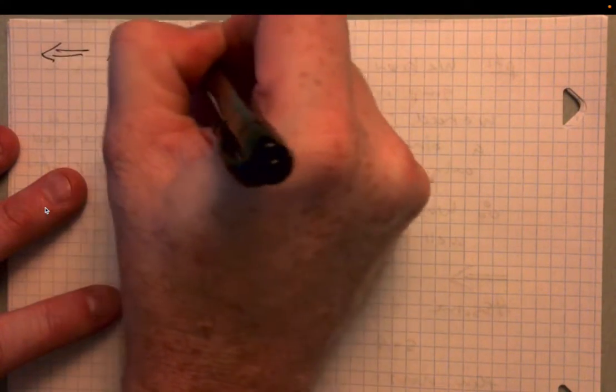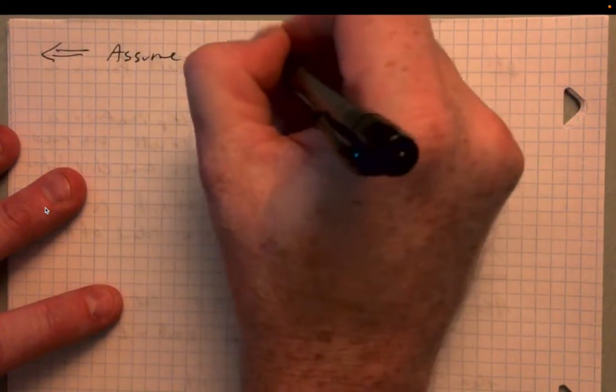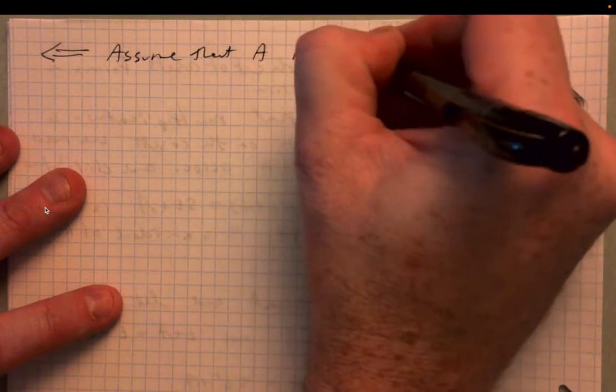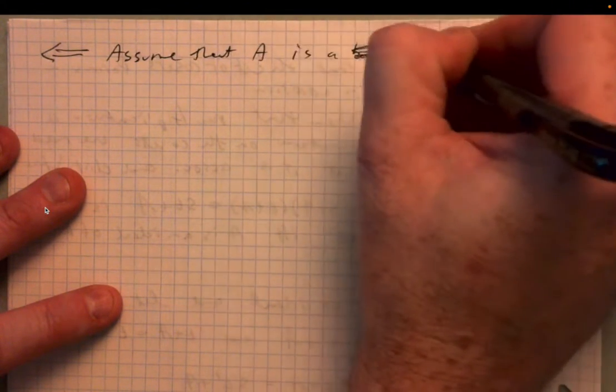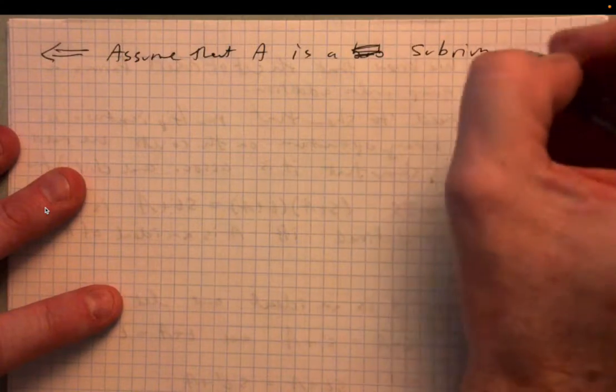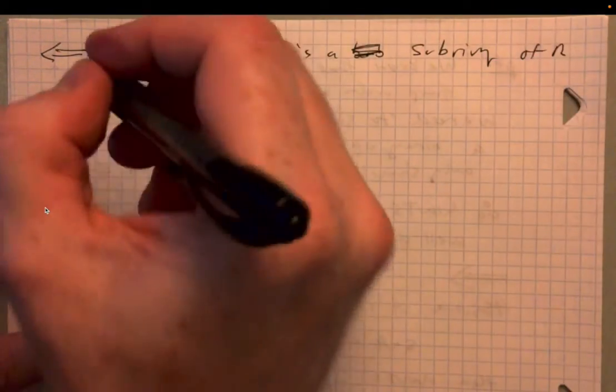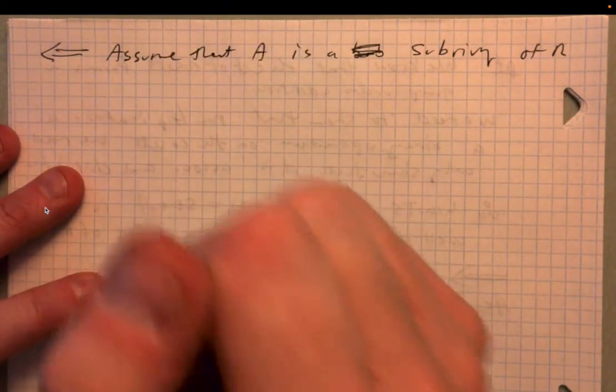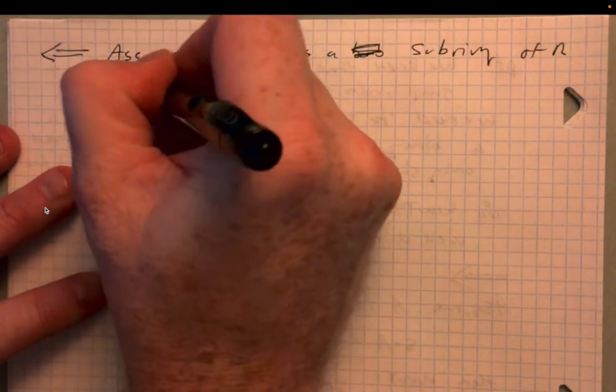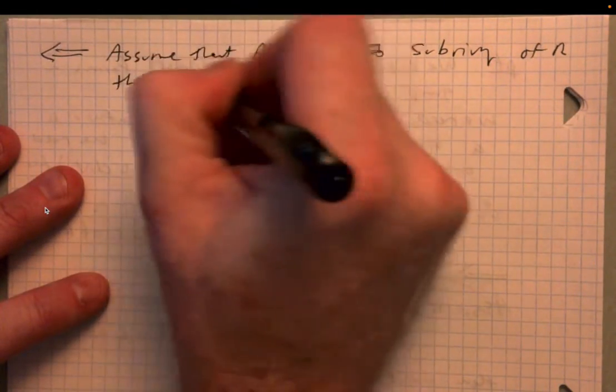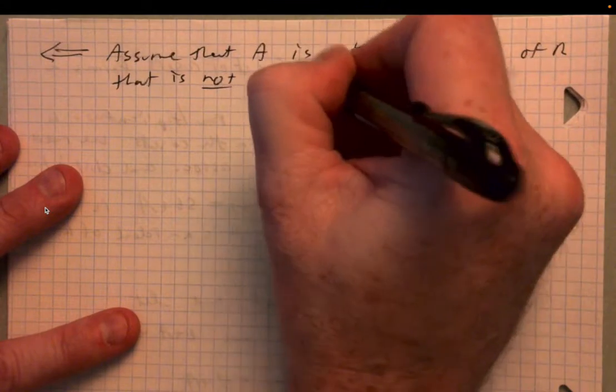So let's assume that A is a subring of R that is not an ideal of R.